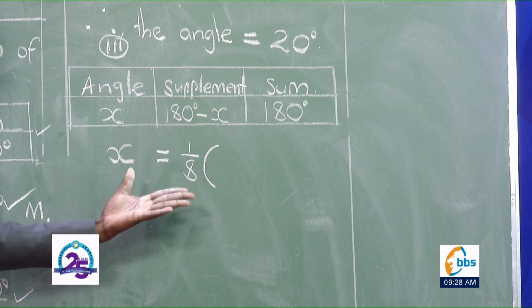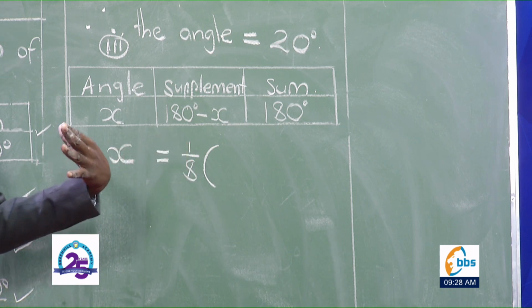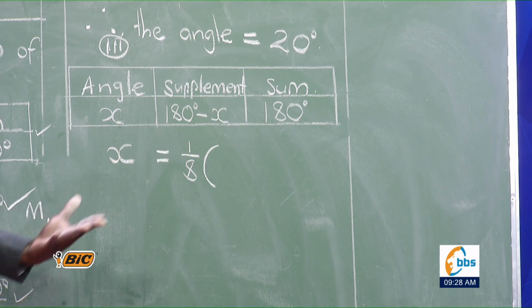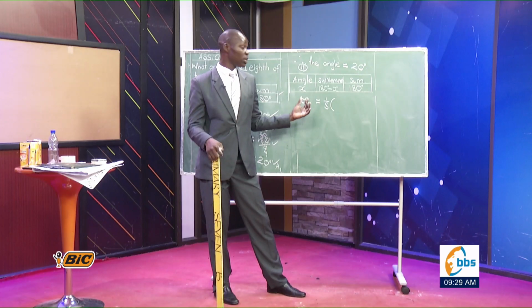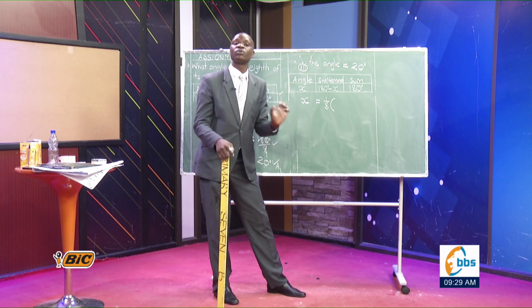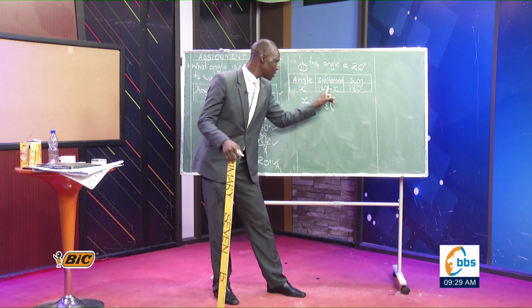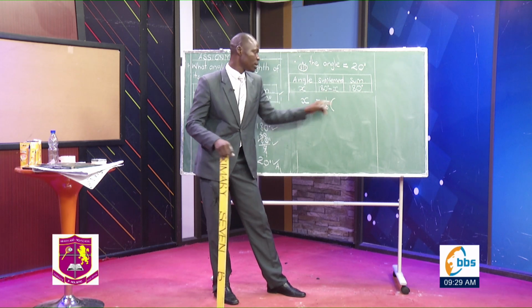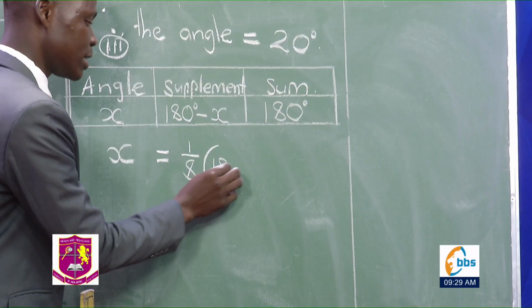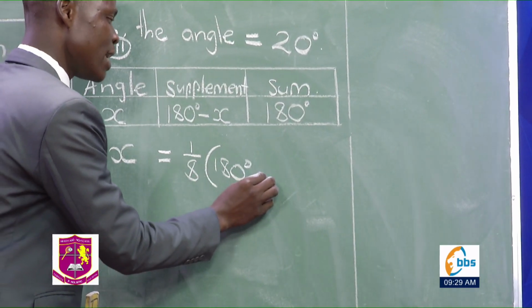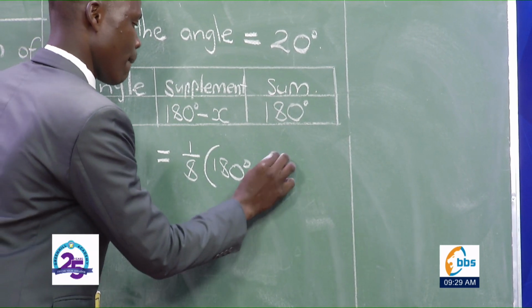For instance, if the supplement was 80 degrees, the angle would be 1 out of 8 times 80 degrees. But now we don't know the supplement, so we shall say an eighth of 180 degrees minus x.